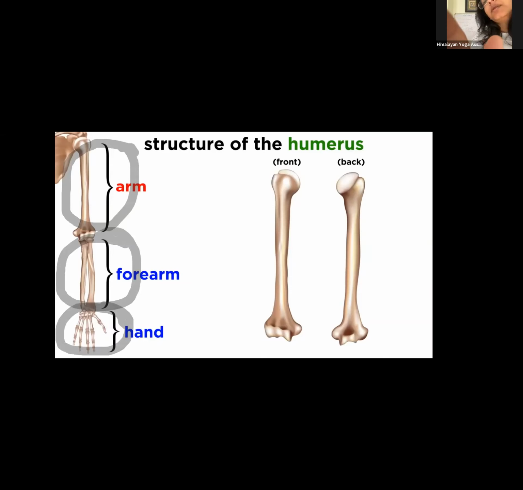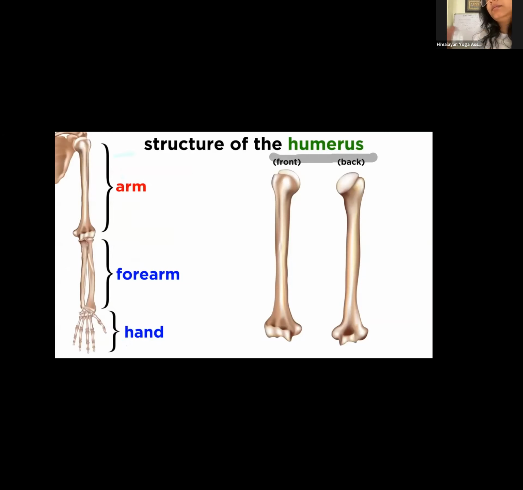In arm, this bone is called humerus. Humerus. Okay. Please take screenshot of this. So the arms are composed of arm, that is the upper arm.